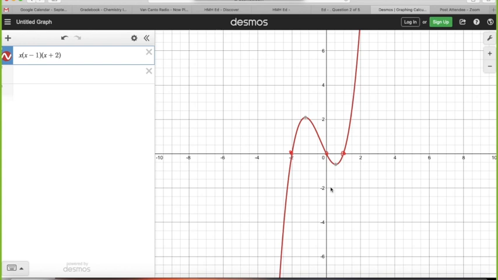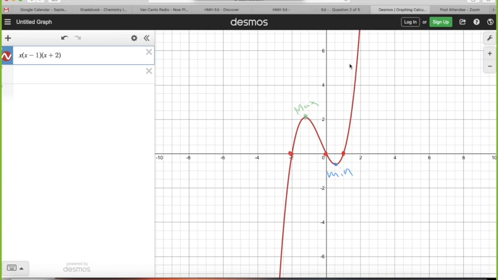We have a local maximum right here, a local minimum right here. So maybe I can label that better. So crosses, crosses, crosses, local maximum, local minimum. So now we just need to find the graph that kind of looks like that, right?